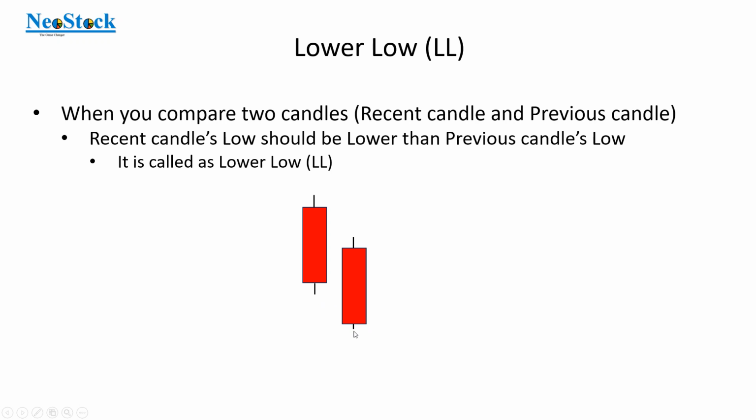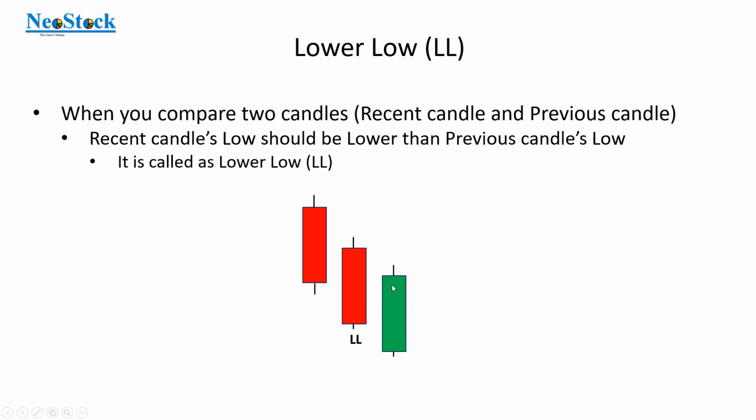It is lower. That's why we are calling it a lower low. LL. LL indicates lower low. The recent candle's low is lower than the previous candle's low. That is LL. Let's compare one more candle.